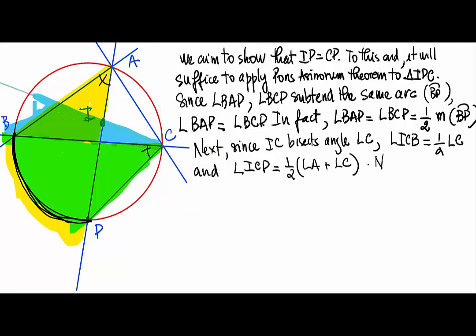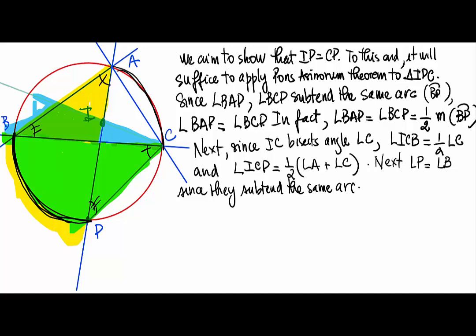Next, angle P is equal to angle B, since of course they subtend the same arc. Angle P here and angle B subtend this arc here, so they're the same.